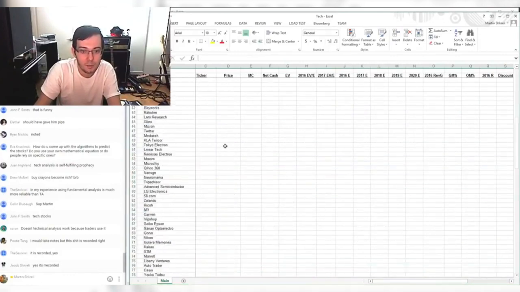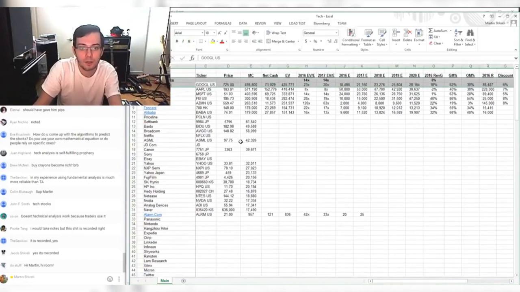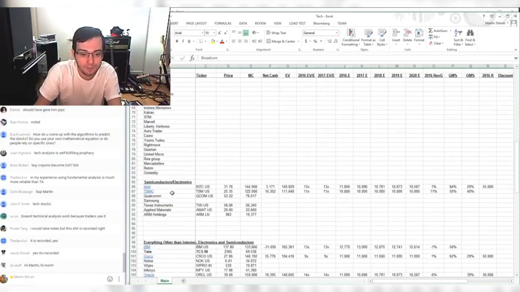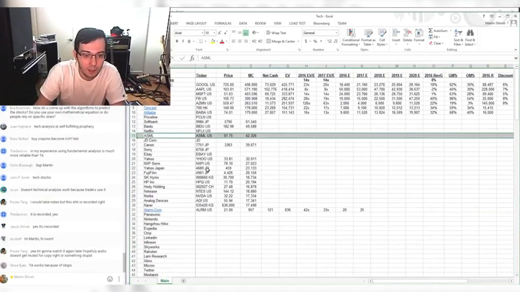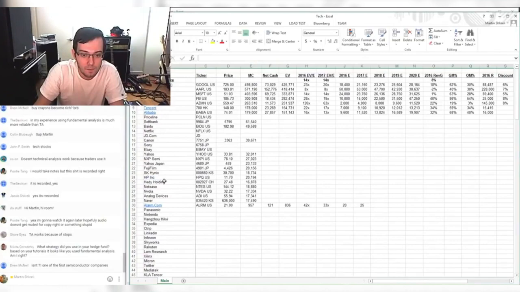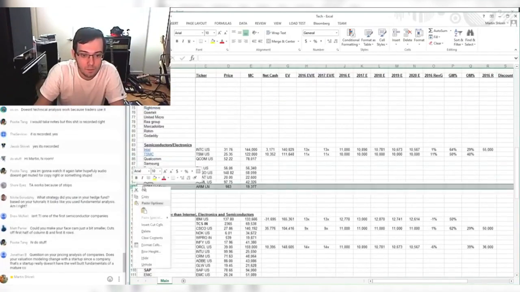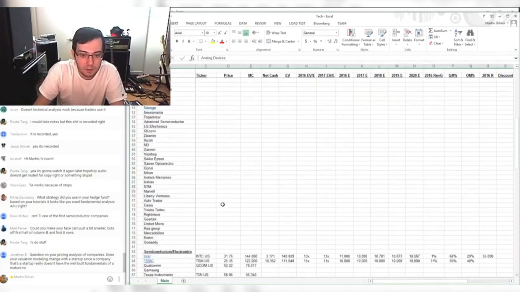Very different properties than internet/software companies, which is what we're going to try to focus on. Broadcom, ASM Lithography, NXP, these are all semiconductors. NVIDIA and ADI, definitely semiconductor companies.